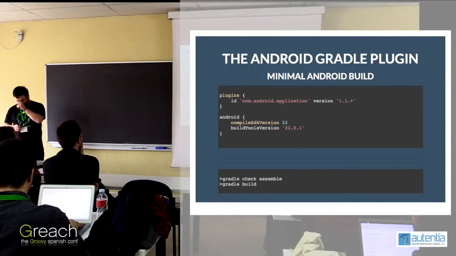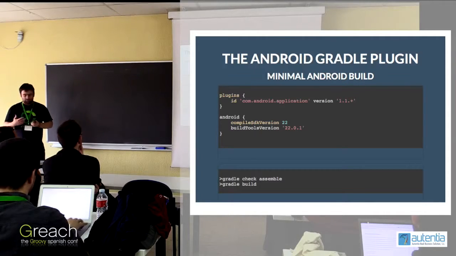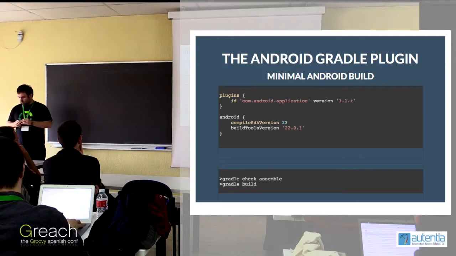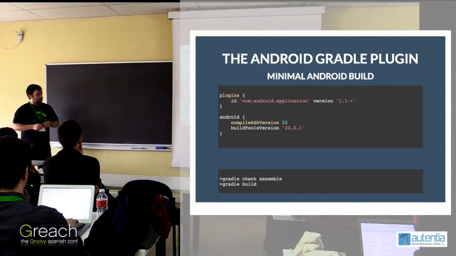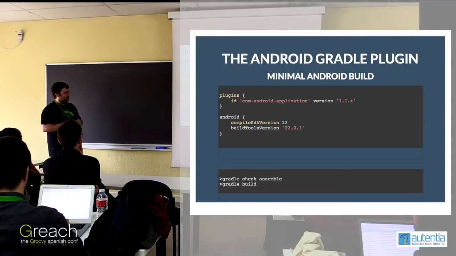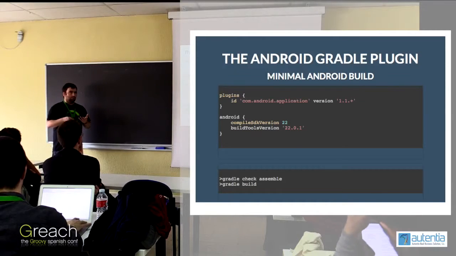So there are two things you need to set. Required, one is a compile SDK version, and one is a build tools version. That's basically all you need. So if you have that in place, you can run gradle check assemble to run all your tests. Later on I show you how that looks, and assemble builds all the APKs.